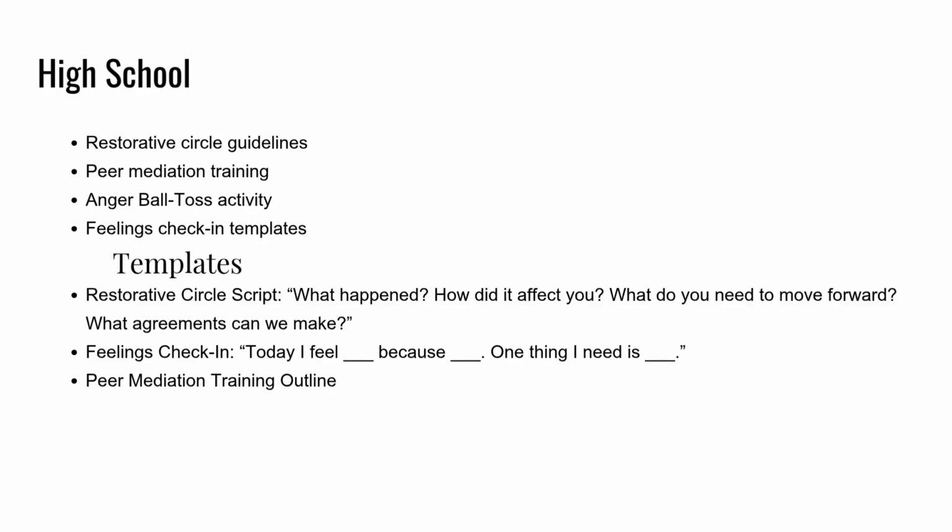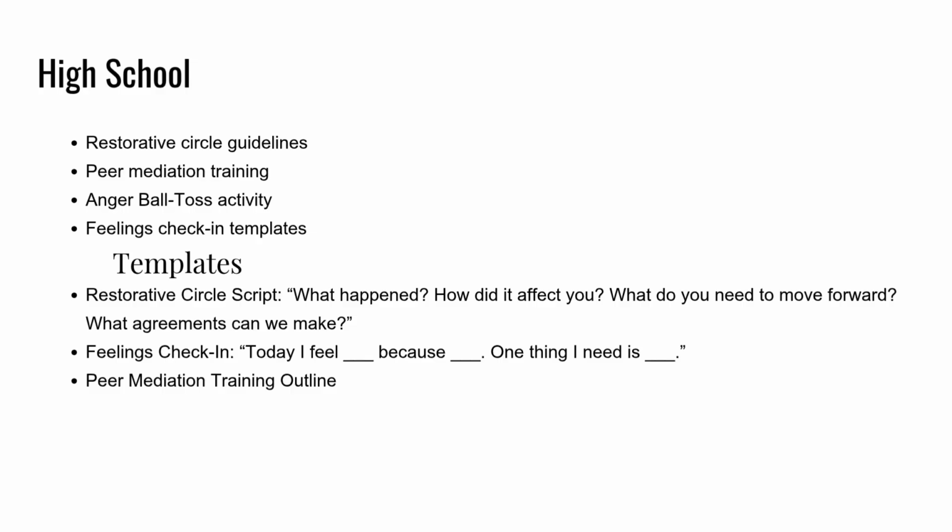Now, for high school, your toolkit will have visual aids for what restorative circles look like, a guideline visual aid, a script for peer mediation or restorative circles, and a sample activity for the anger ball toss. There'll also be some printable templates for feelings check-ins.